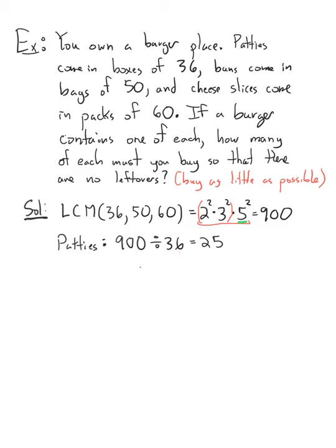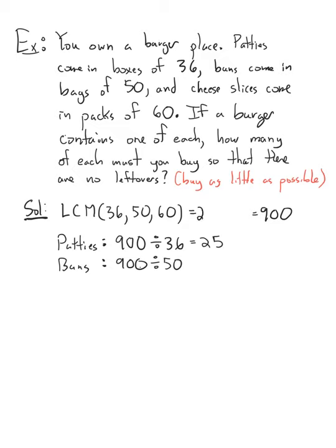Let's do the same thing with buns. So buns, again, we have 900 burgers, and it's in packs of 50. And where's 50 in here? I'm going to erase this and then draw it again just so I can regroup. And maybe I'll do it without the exponent.